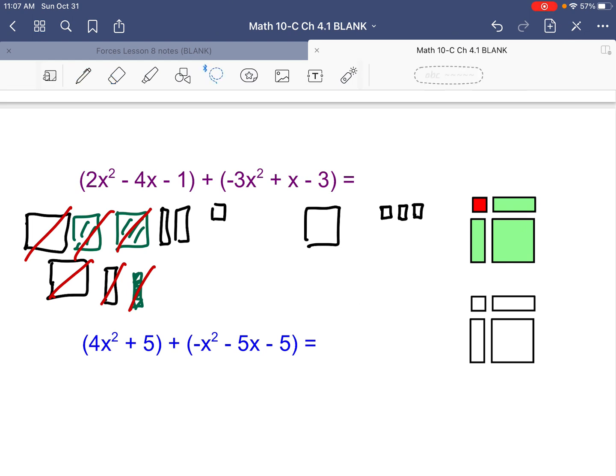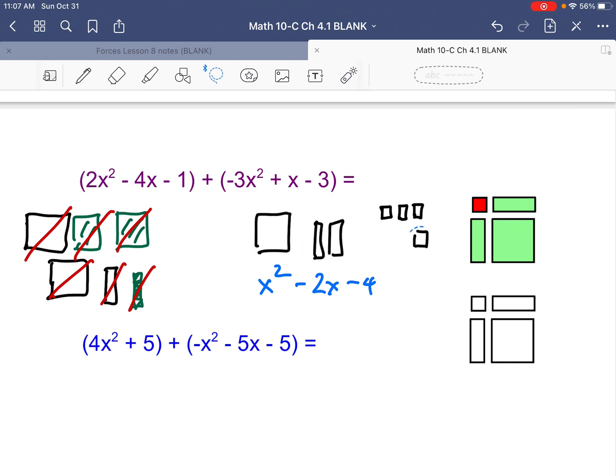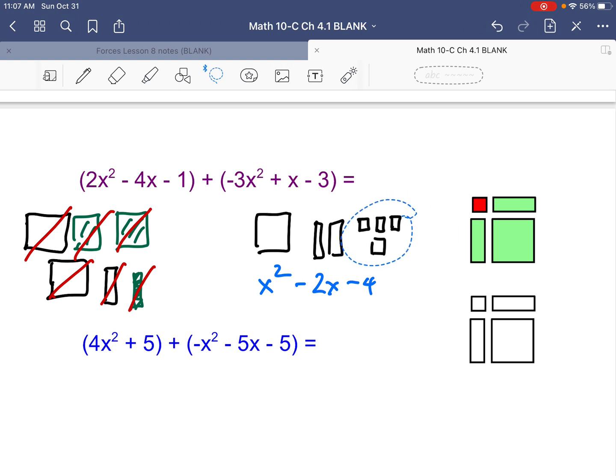Now, much nicer if I was at school with the smartboard, but whatever. So what's left? Well, we have an x squared minus 2x minus 4, I believe. So there's my x squared, minus 2x, minus 4. Okay? Much nicer if you use tiles.